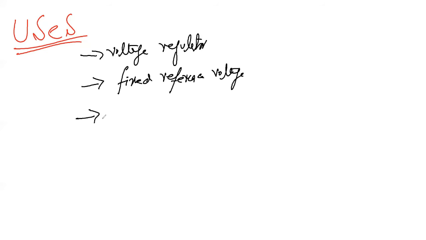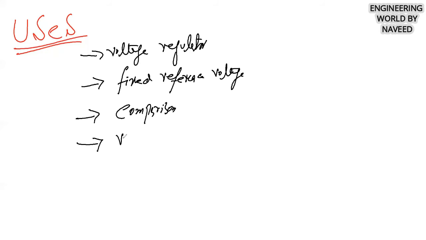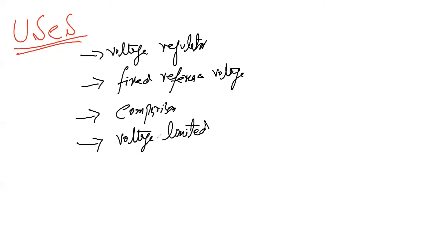You can use it for comparison purposes: if you want to compare a variable voltage with a fixed voltage, there you will use a Zener diode. You can use it as a voltage limiter: if you want to limit voltage to some specific value, you will use a Zener diode of that specific value.